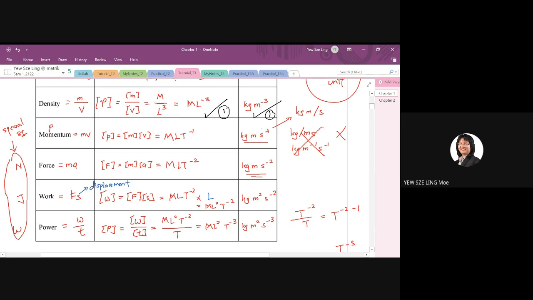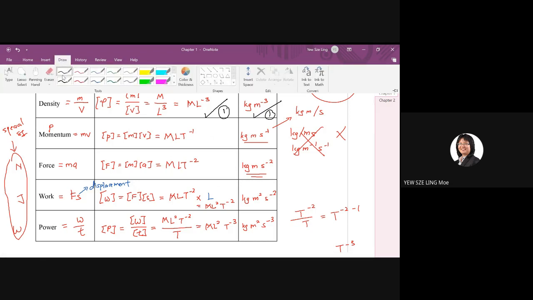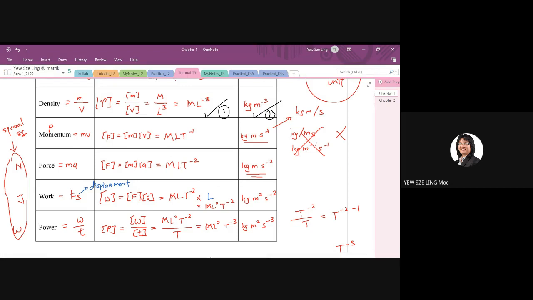Sometimes these questions also come out in UPS, for 1 mark. So make sure you know how to do it. 1 minute for you to write it down. Then we are going to proceed to something new.